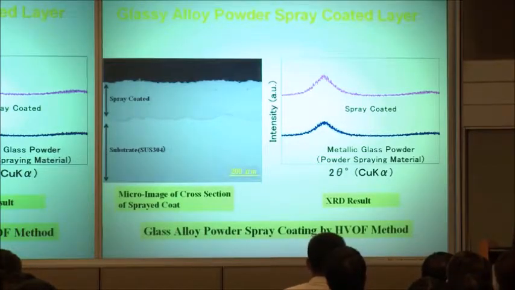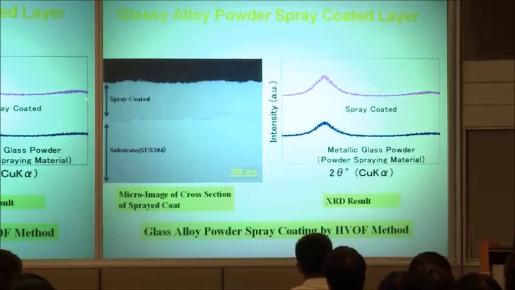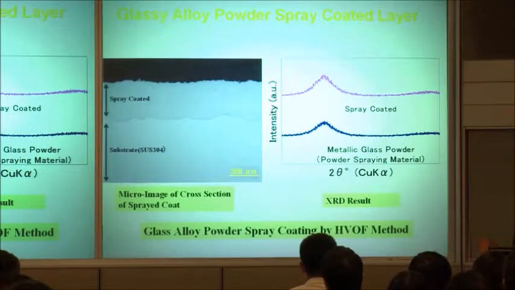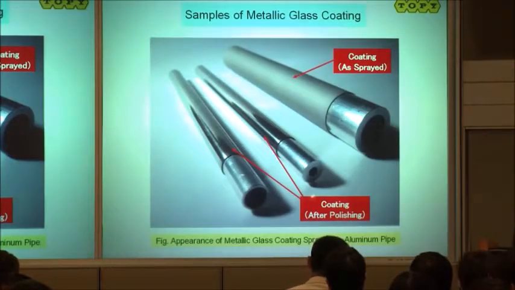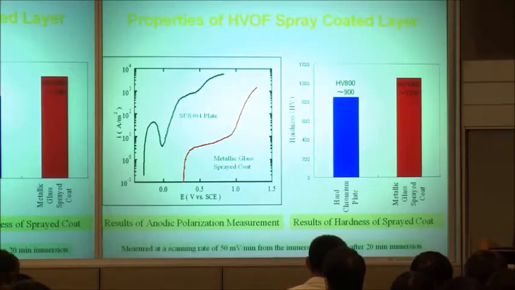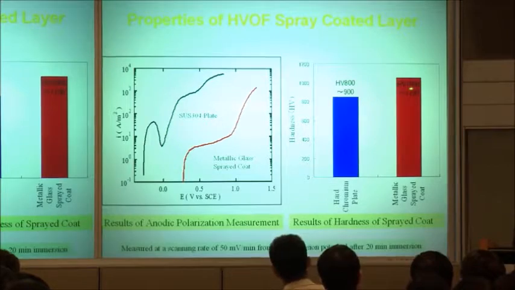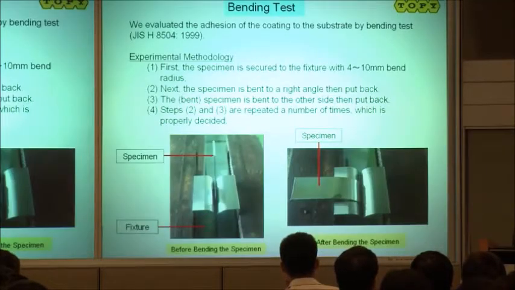By using the high velocity oxygen fuel spray coating technique, we can get iron-based Glassy alloy coated layers, and we can use various kinds of substrate materials. This coated layer shows better corrosion resistance than stainless steel and higher hardness than hard chromium plate.